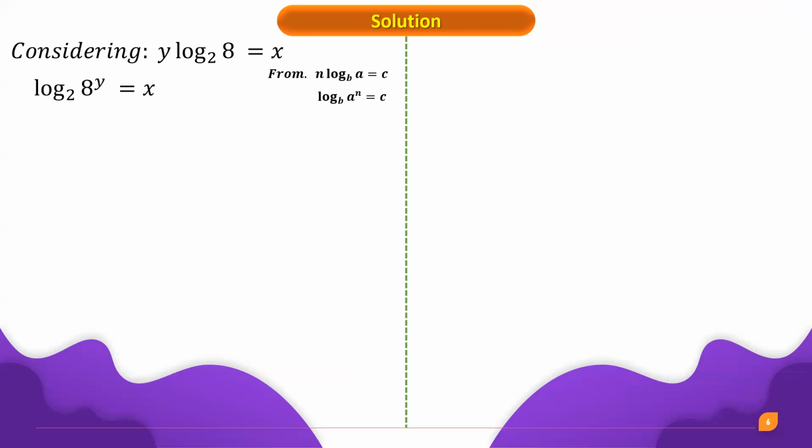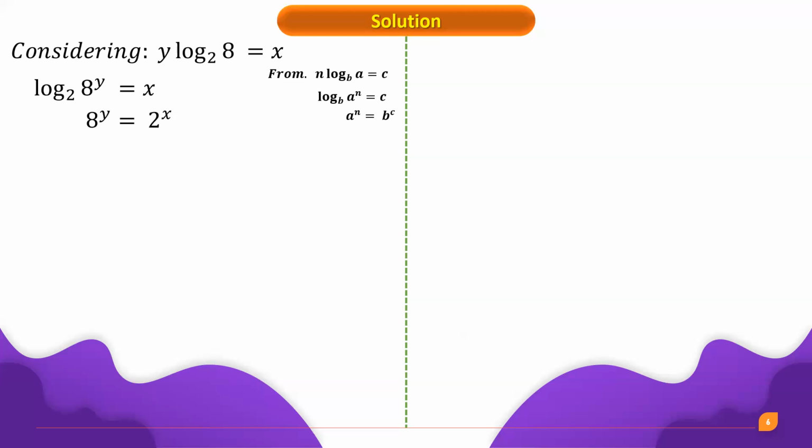So going back to y log base 2 of 8 is equal to x, it becomes log base 2 of 8 power y. Then when I have log base b of a power n is equal to c, that becomes a power n equal to b power c. So we shall have 8 power y is equal to 2 power x.